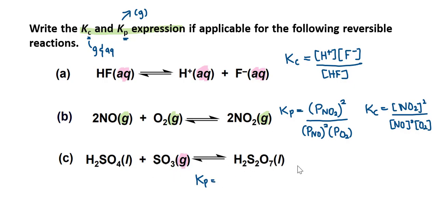Since there is no gas in the product, we put 1 over the partial pressure of our reactant SO3 to the power of 1. And also for the Kc, there is no aqueous or gas in the product, so again 1 over the concentration of our reactant SO3 to the power of 1.